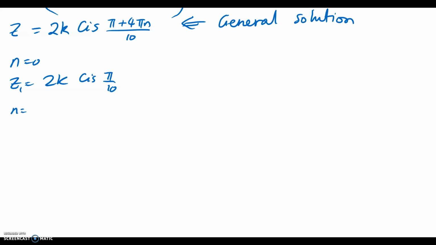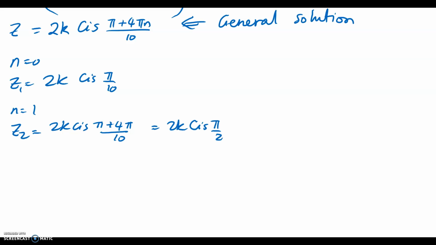So for n equals 1, I get 2k cis pi plus 4 pi over 10, which gives me 2k cis pi over 2.